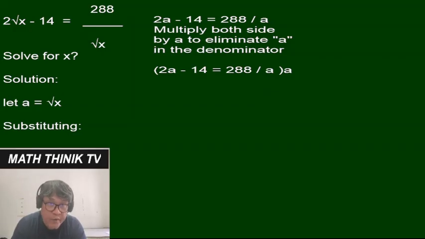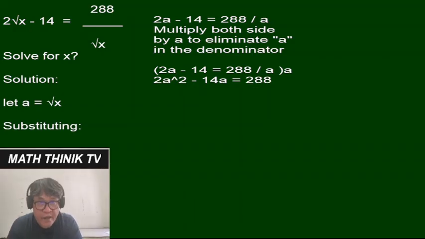So a times 2a becomes 2a square, correct? Minus 14 times a becomes 14a is equal to 288 over a times a. The a will cancel, so 288 will remain, right? So as you can see, the equation becomes quadratic.